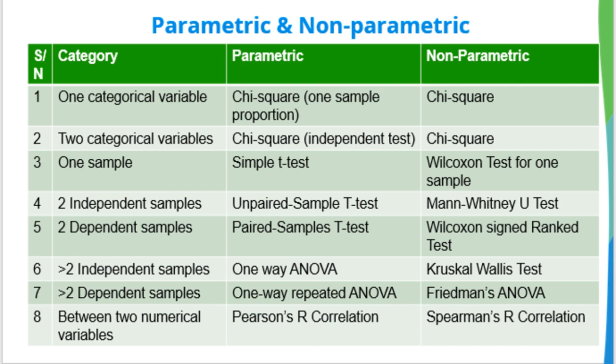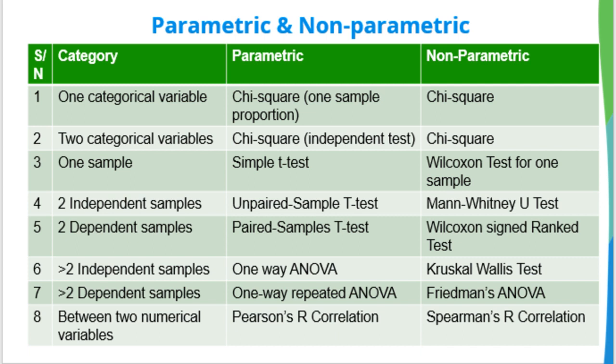It's testing categorical data, and both parametric and non-parametric have categorical data. So it's not based on parametric test assumptions. Because it's not numeric, it's just categorical data. Even though it could be numbers, that sometimes does not make it numerical data. It is just categorical data. So take note of that.